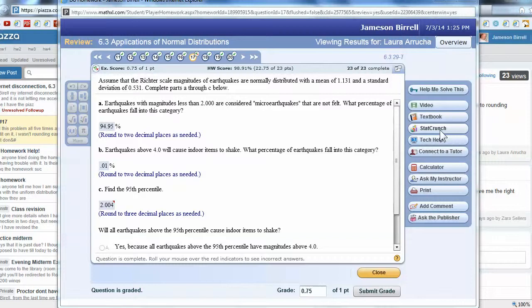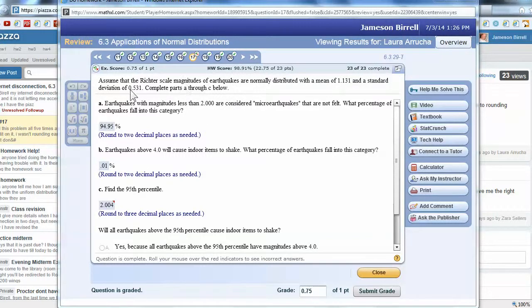Okay, Earths with magnitude less than 2 are considered micro-earthquakes and are not felt. What percentage of earthquakes fall into this category? Essentially what they're saying is use this cutoff score on the normal distribution, and you're going to have to standardize the cutoff score because it's not on a standard scale already.